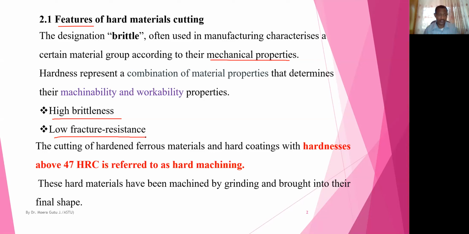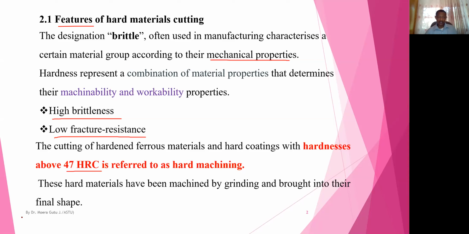So the cutting of hardened ferrous materials and hard coatings with hardness above 47 Rockwell hardness number is called hard material machining. So any materials with a Rockwell hardness number of 47 and above are categorized as hard materials.